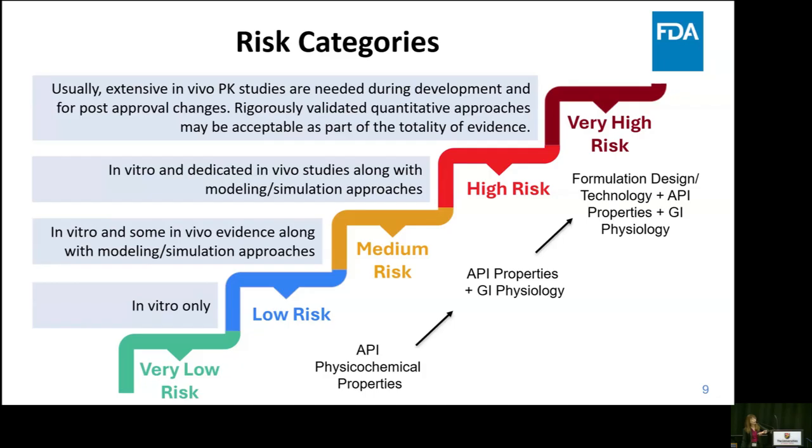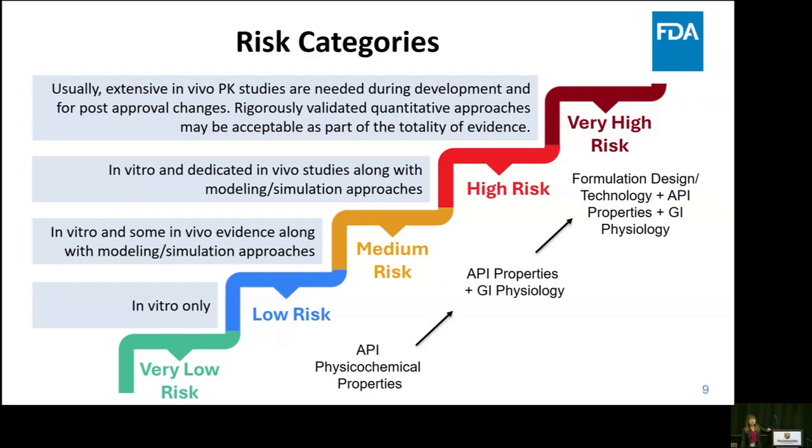And then for very high risk products, we take other factors into consideration, including some of the clinical factors such as narrow therapeutic index, early concept drugs, black box drugs, and also some of the really complex formulation technologies with layers of complexity.